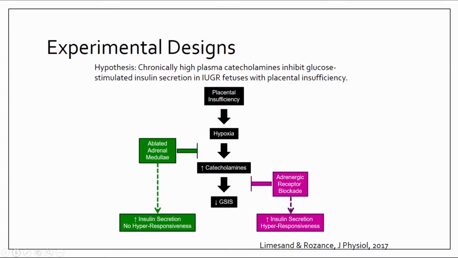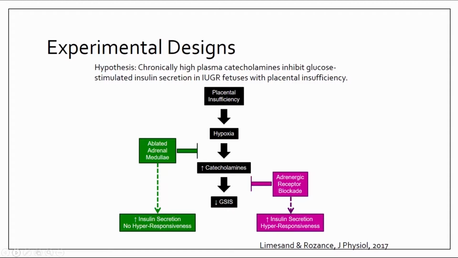So before these fetuses become growth restricted, we remove the adrenal medulla and we decrease the catecholamines and increase the insulin secretion later on in gestation. Of course, they're still hypoglycemic and hypoxic, but they have lost this response. And I'll show you just briefly in the next slide. But I wanted to touch on that in this case, there's not a hyper-responsiveness that we see.